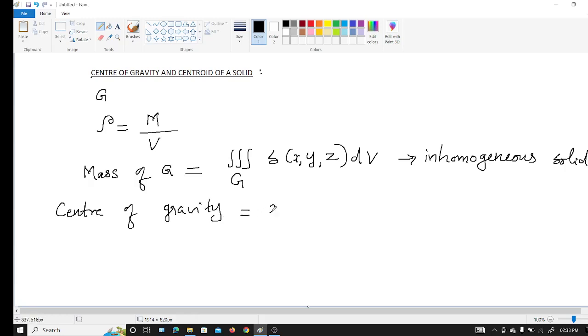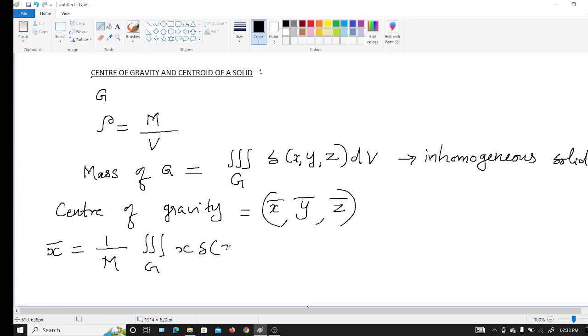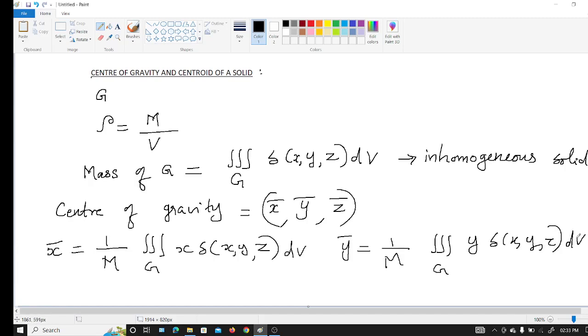Now in this case, the center of gravity is given by x bar, y bar, z bar. The formula for x bar is x bar equals 1 by m times the triple integral over G of x delta(x,y,z) dV, and y bar equals 1 by m times the triple integral over G of y delta(x,y,z) dV.